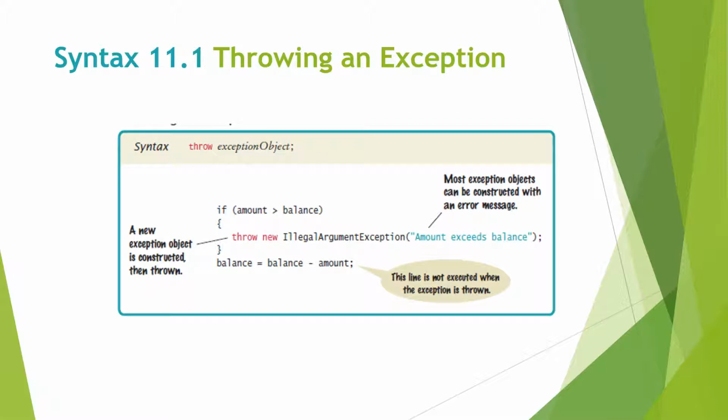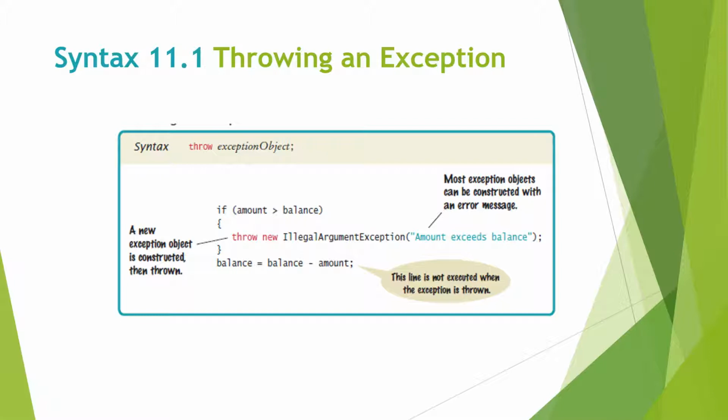So the first syntax that you need to remember is this: throw an exception object. For example, if an exceptional condition happens, like amount is greater than balance, you want to withdraw more than the actual balance of a bank account, you simply say throw new illegal argument exception with an appropriate constructor, which is an appropriate message that will notify the user of the type of exception that has happened.